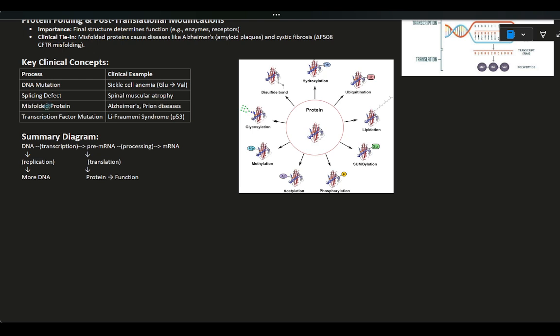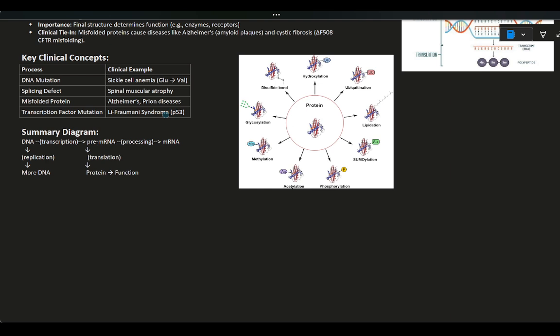You also have misfolded protein. This can once again lead to Alzheimer's. It can also lead to prion disease. And then you have your transcription factor mutation, which can lead to Li-Fraumeni syndrome, involving the p53 protein.